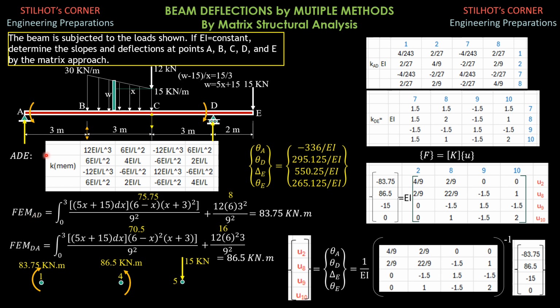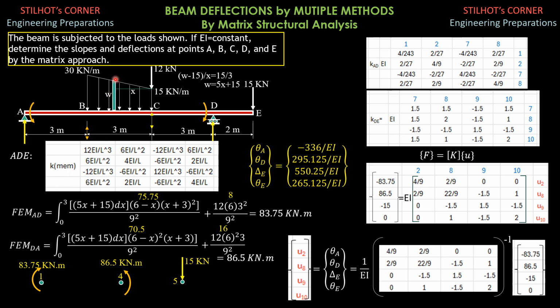So the fixed moment at A for AD, I'll just call it AD because we consider ADE, is the integral formula P a b squared over L squared, negative, but it is now represented by this sense, counterclockwise. Remember from the slope deflection equation, clockwise is positive. So since this is counterclockwise, that's the sense.